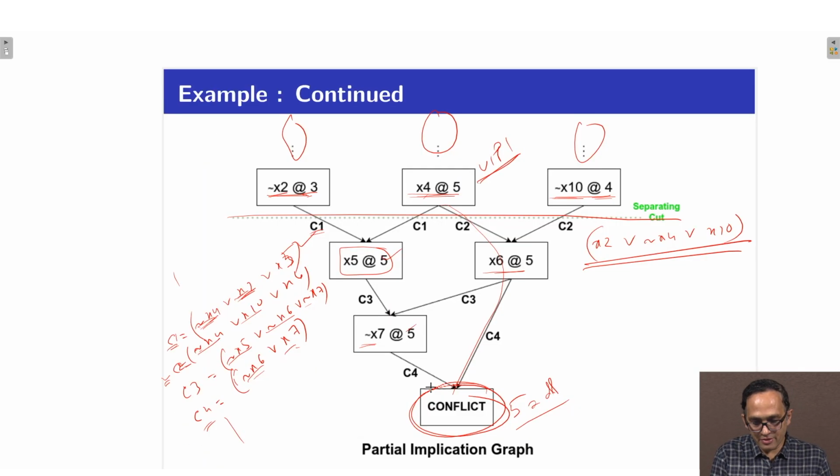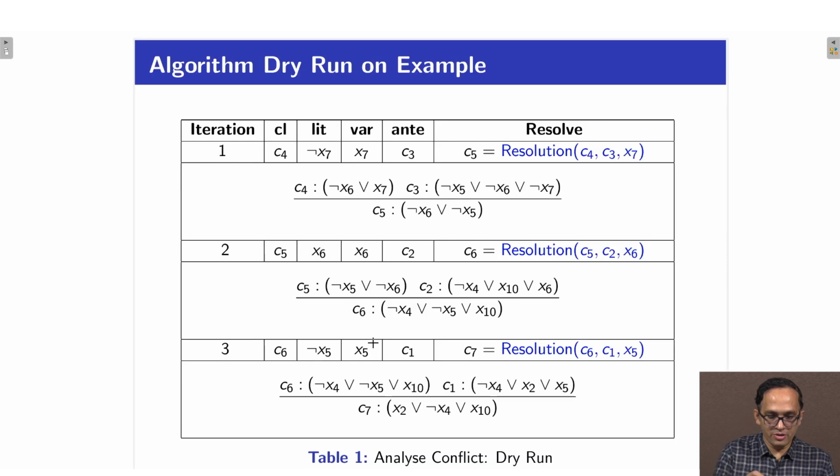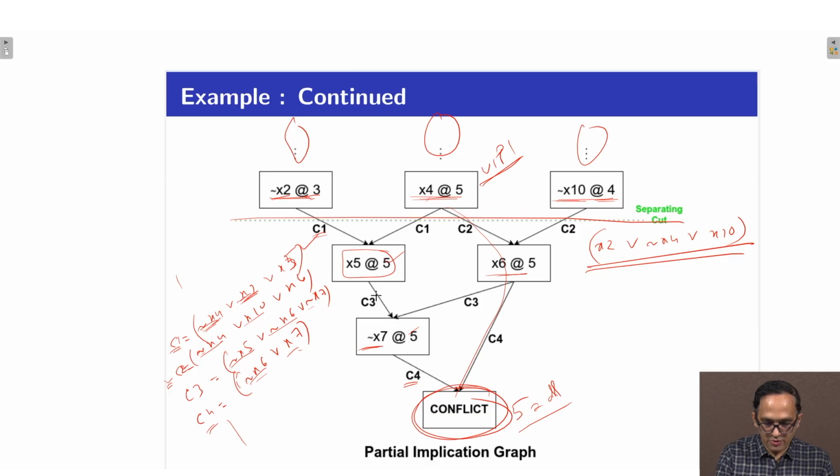So, I have the conflict here coming from C4. This is coming because of not x7. So, the variable here is effectively x7, and its antecedent is C3 because it is coming from C3. So, what I will do now is binary clause resolution between C3 and C4.